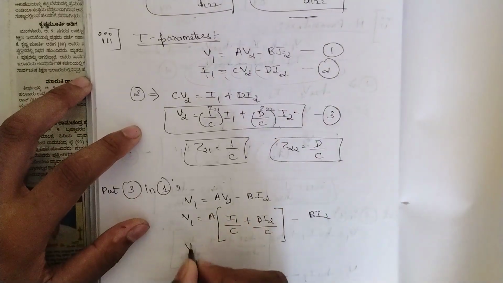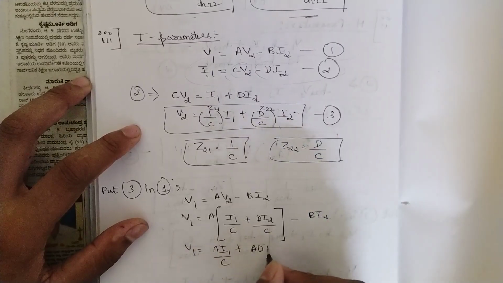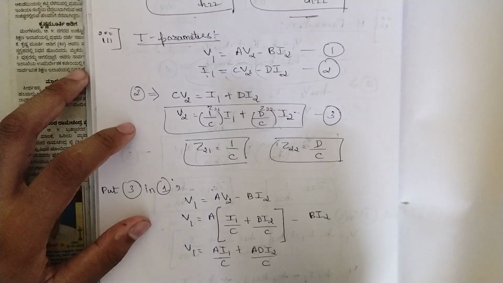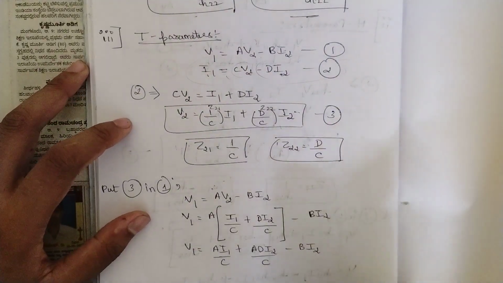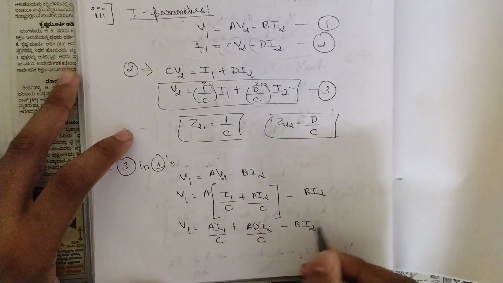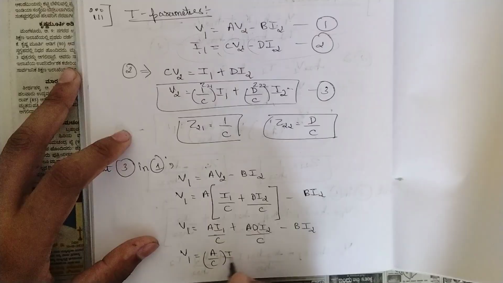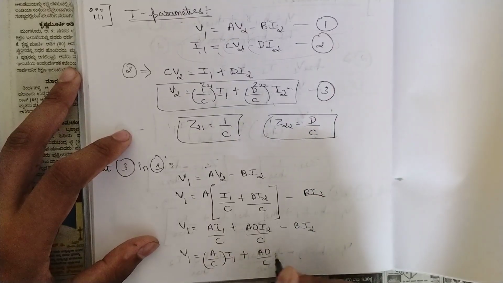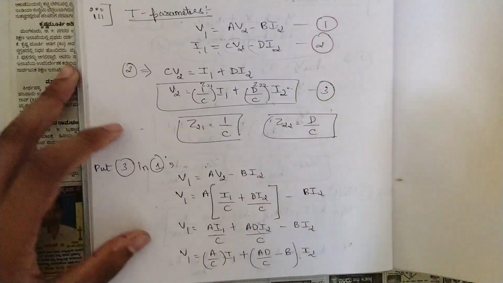So multiply A here, what would we get? A I1 by C plus AD I2 by C minus B I2. Here we have I2 common, so V1 is A by C into I1, then plus AD by C minus B into I2.